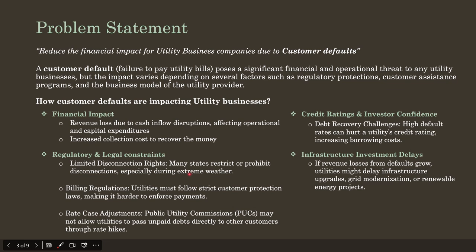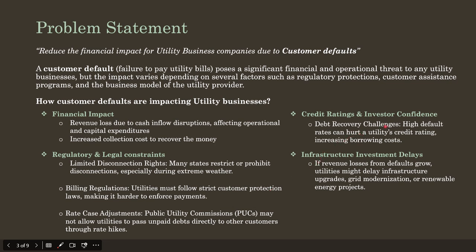There are certain billing regulations the utilities must follow, and companies must follow strict customer protection laws, which makes it harder to enforce payment on the customers. And rate case adjustment is the scenario where public utility commissions allow the utilities to pass the unpaid debts directly to the other customers, sort of splitting it across the customer base.